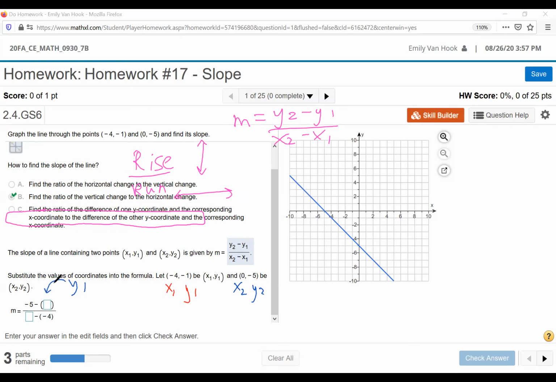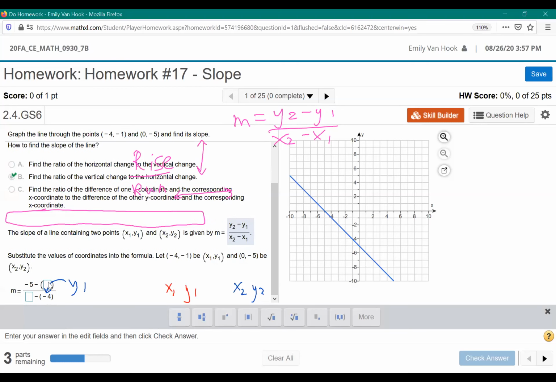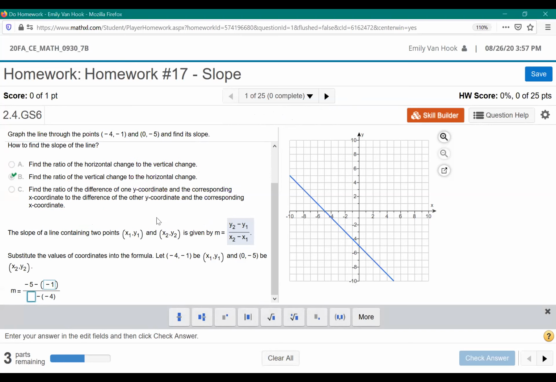So I'm filling in -1 for y1. It's a little fill in the blank problem. All right, and then x2 minus x1, I just cleared it, but x2 was 0. So I'm going to do 0 minus -4.